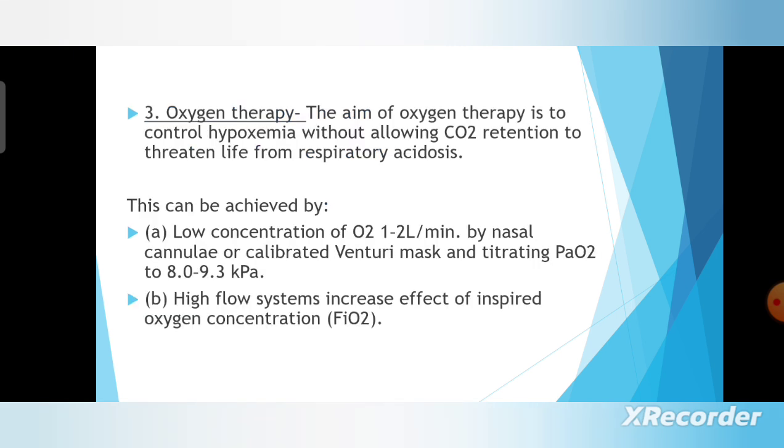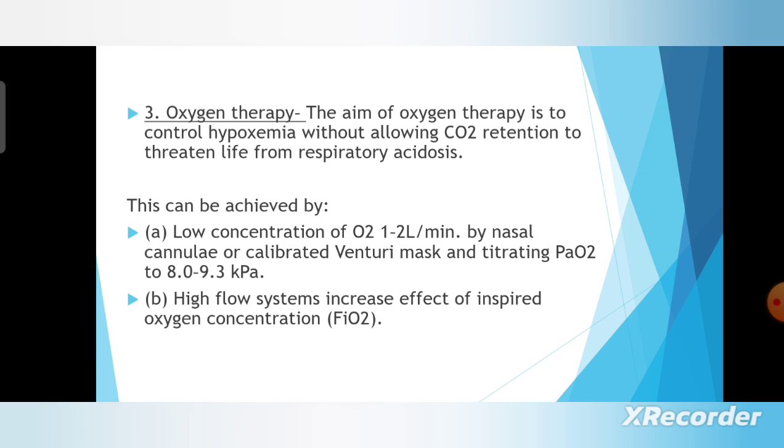Third is oxygen therapy, and the aim of oxygen therapy is to control hypoxemia without allowing CO2 retention to threaten life from respiratory acidosis. This can be achieved by low concentration of oxygen, that is 1 to 2 liters per minute, by nasal cannulae or calibrated venturi mask, and titrating PaO2 to 8.0 to 9.3 kilopascal.